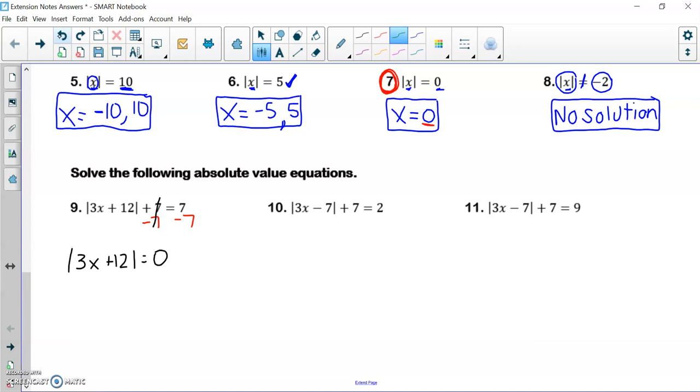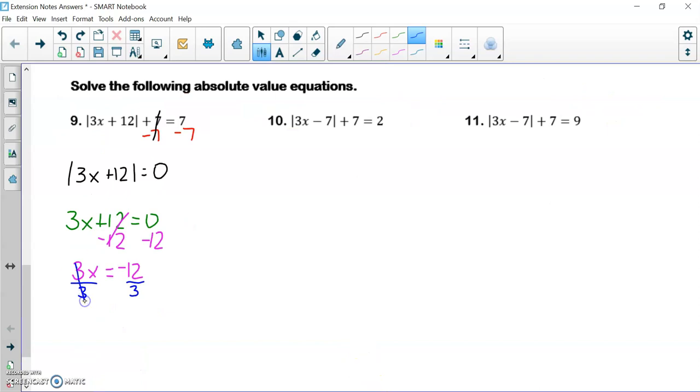So how we find that solution is we drop our absolute values, rewrite our equation, and now I solve that equation for x. So I'm going to subtract 12 from both sides. So I have 3x is equal to -12. And then now I'm going to divide by 3 on both sides to get x is equal to -4. That's your only solution. And that's your answer.